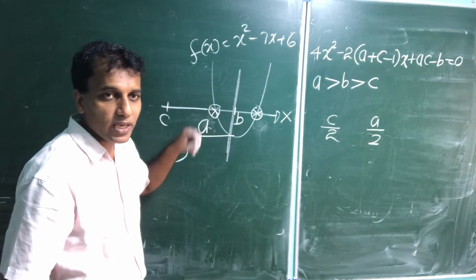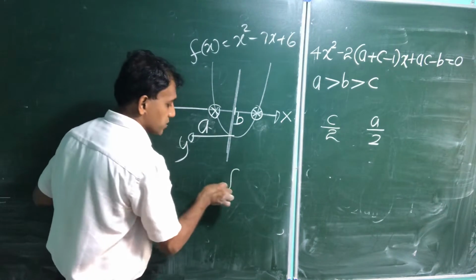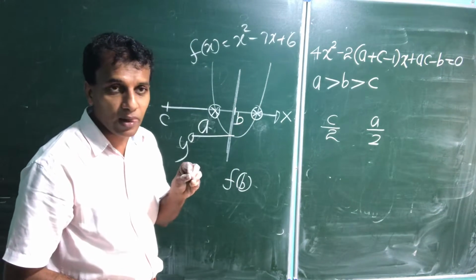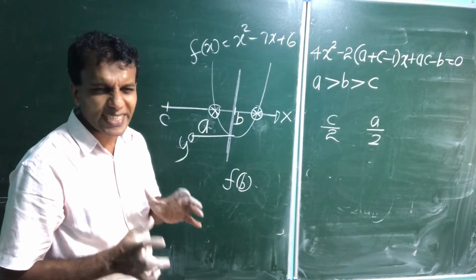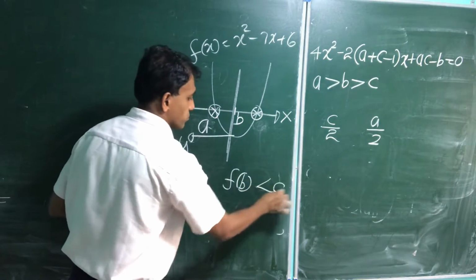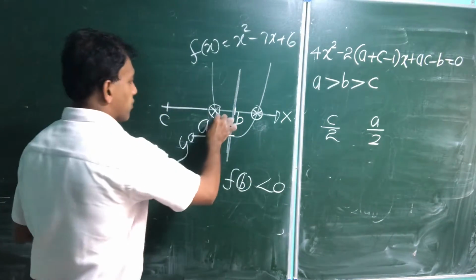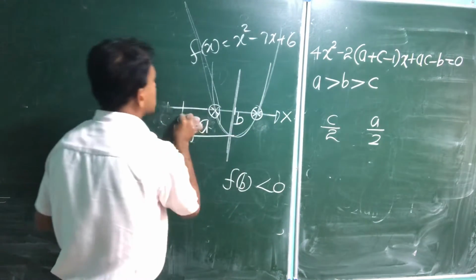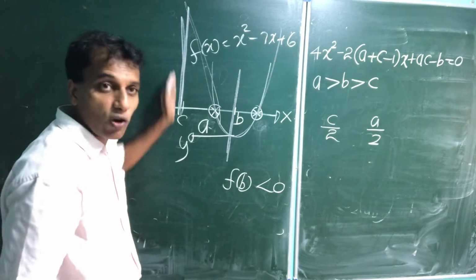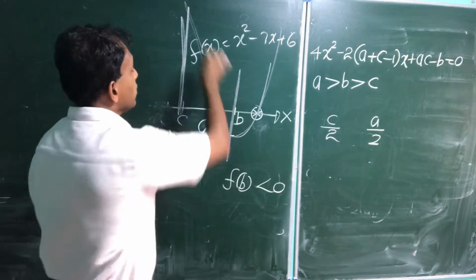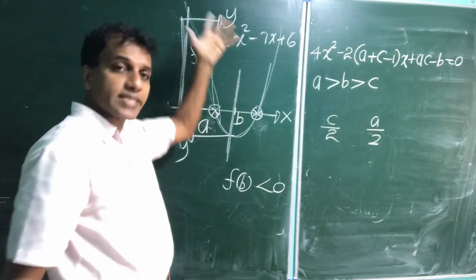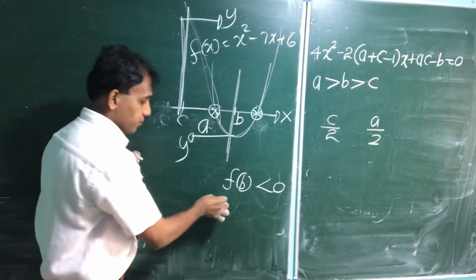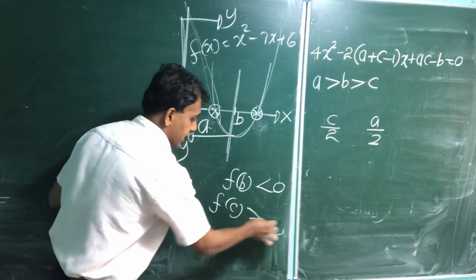If you put x as C, the value of the function is above the x-axis, positive, greater than 0.